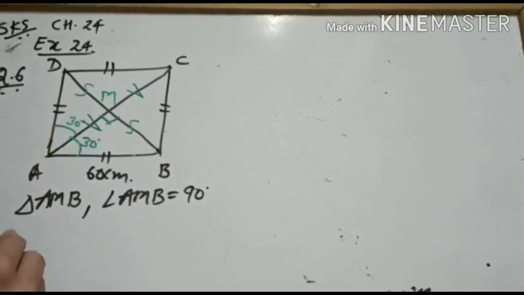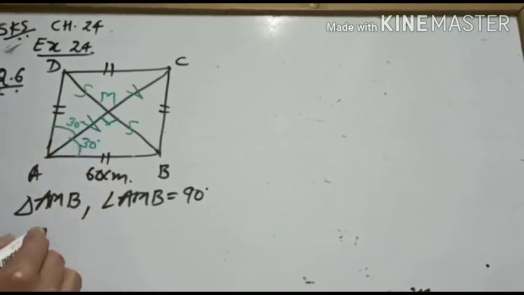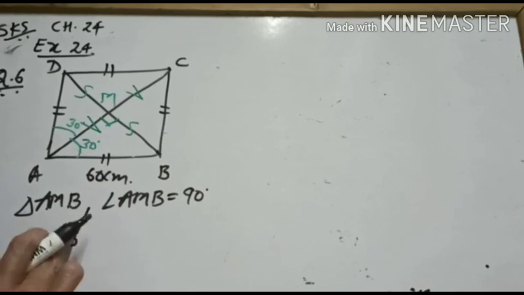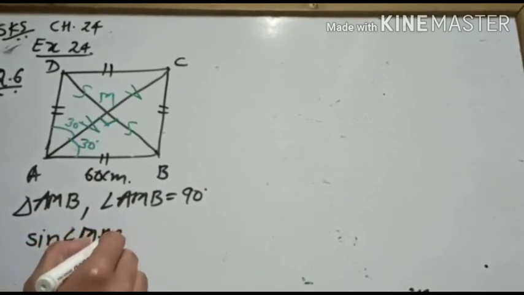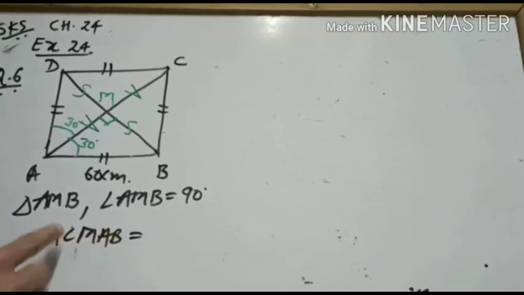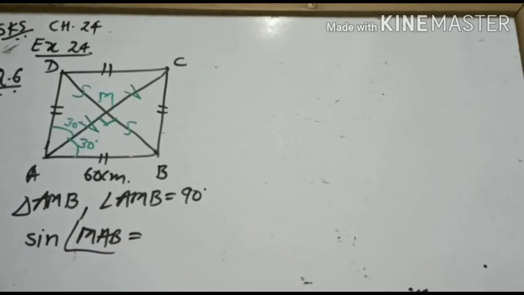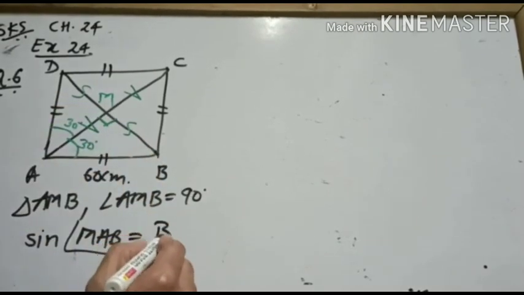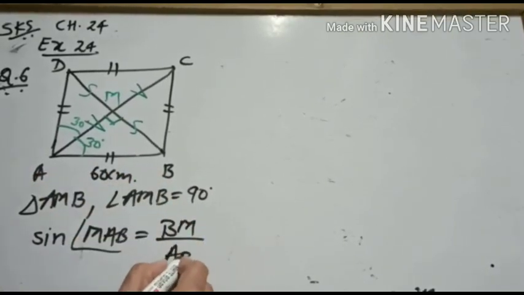So if I take sine of 30 degrees, I'll first name the angle: sine of angle MAB. Sine is opposite, that is BM, upon hypotenuse, that is AB.